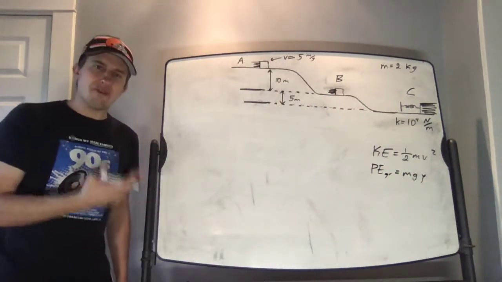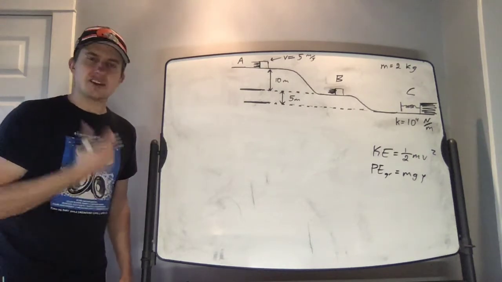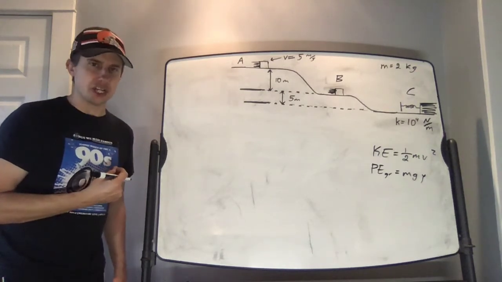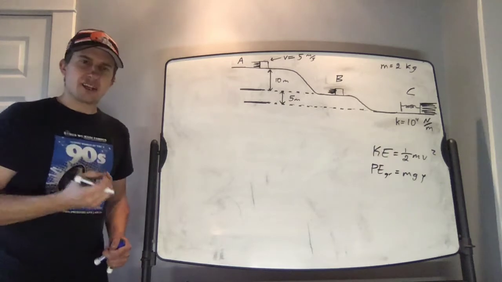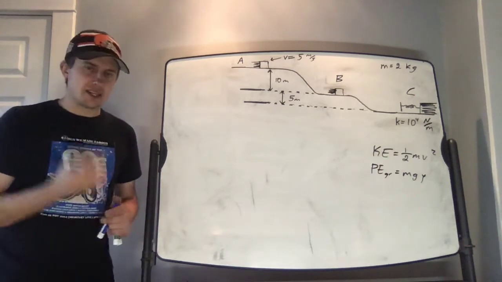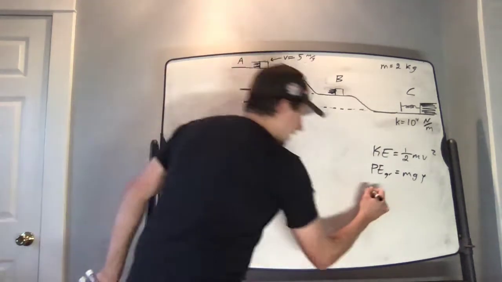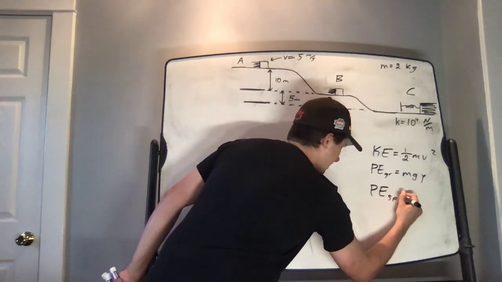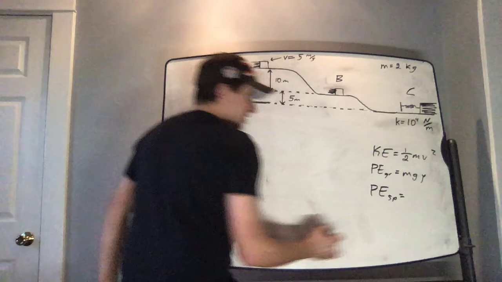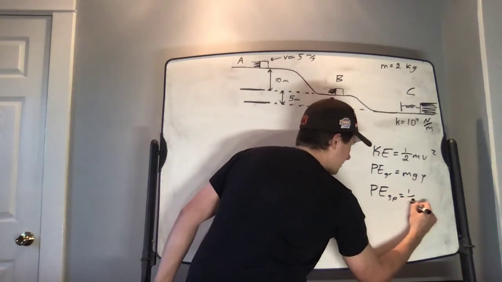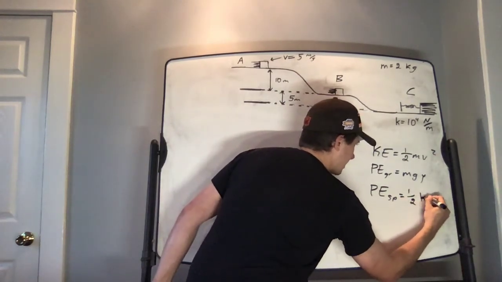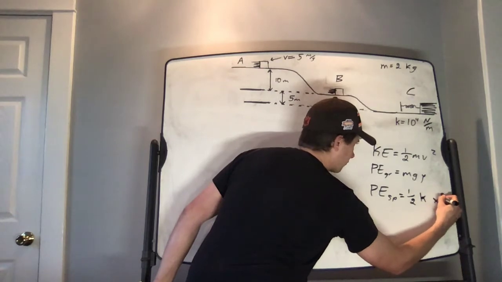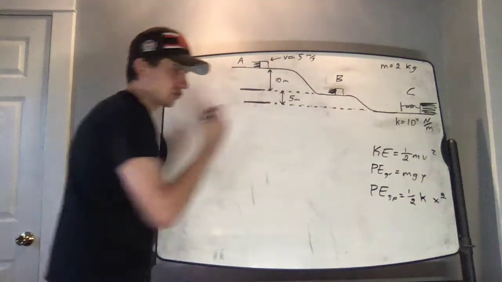I also have a spring in this problem, and a spring can store energy. So if a spring is stretched or compressed, that spring will store energy, and the total amount of energy stored by a spring is in the form of potential energy. That's given as 1/2 times the spring constant times the amount of compression or stretch squared.